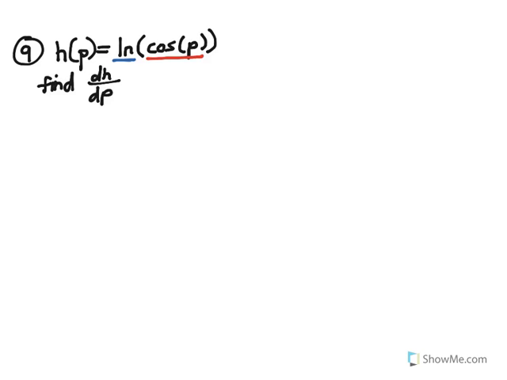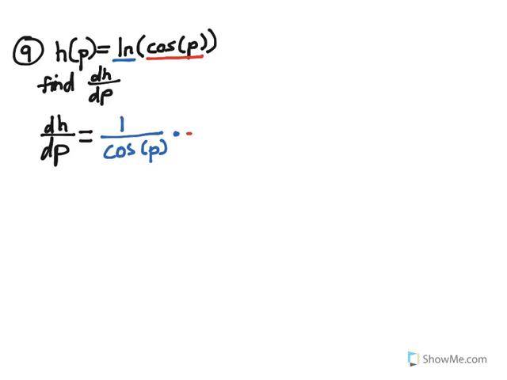So dh dp is going to be the derivative of the outer function, so that's the natural log function. The derivative of natural log of x is the reciprocal of x. So the derivative of the natural log of cosine p is just 1 over cosine of p. That's multiplied by the derivative of the inner function. Inner function is cosine p.